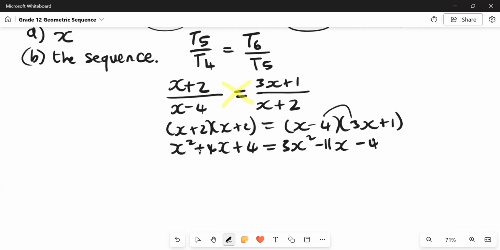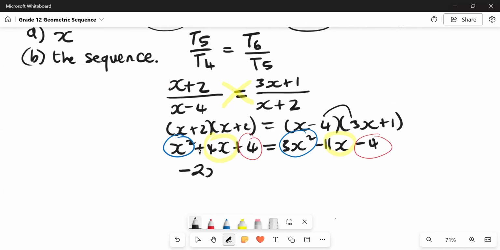From here, we start by collecting the terms, adding them together or even subtracting them, right? By doing that, we end up at this step. x squared minus 3x squared, which is 1 minus 3, that's negative 2x squared. 4 plus 11, that's positive 15x.